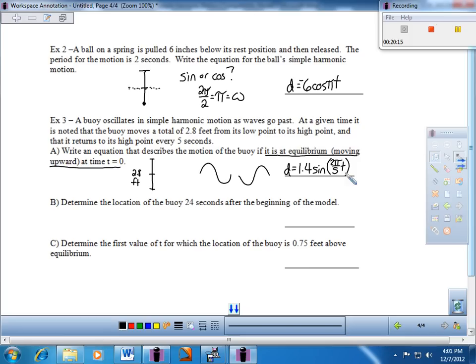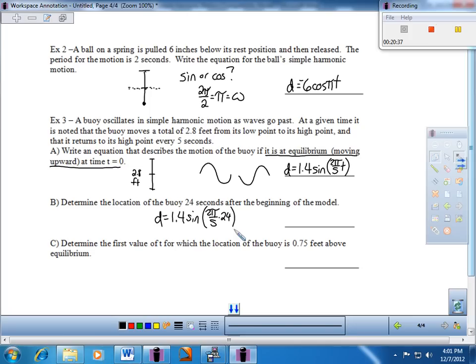Okay, that's great. So that's what I have as my model, and then let's just utilize it with B and C. This one I think we will need the calculator for, but let's just make sure we're ready to roll. So I have 1.4 sine of 2 pi divided by 5 times 24, and that should give it to us.